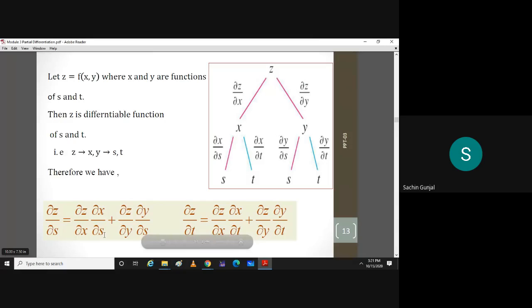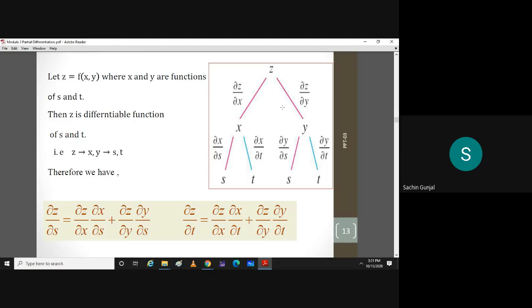There is no role of t while differentiating with respect to s. And then partial z by partial t is z with respect to x, then x with respect to t, plus z with respect to y, and then y with respect to t.